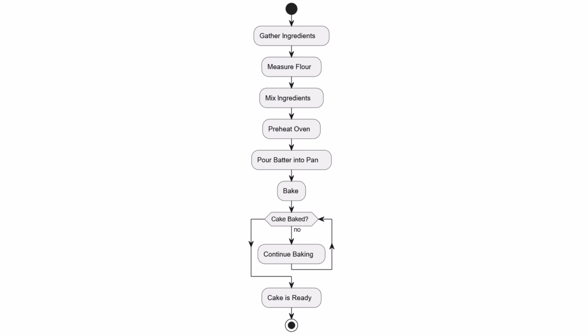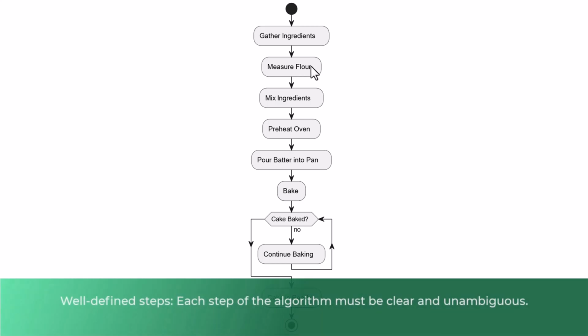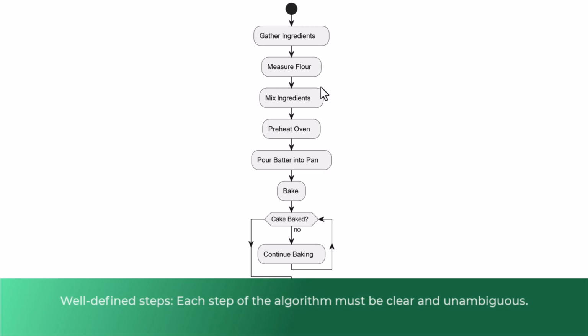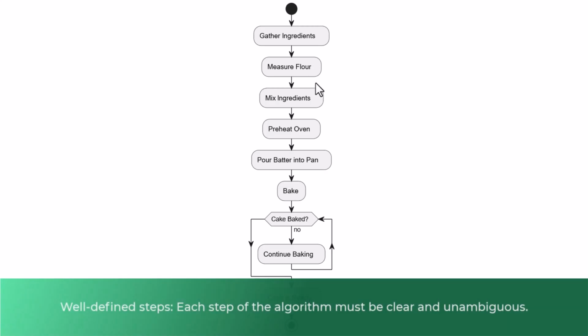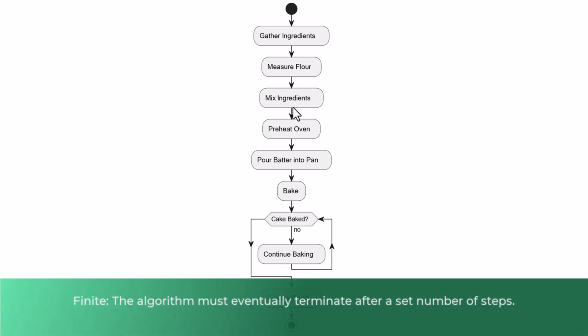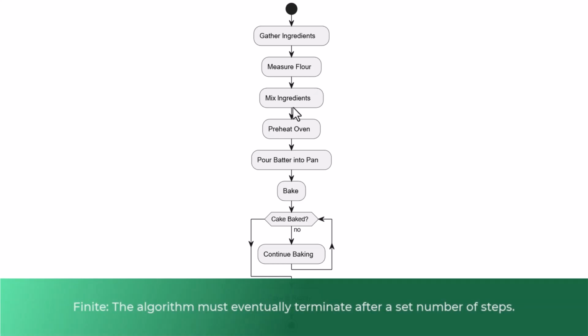First, the characteristics of an algorithm. It should have some input, right? An algorithm should have well-defined steps. Each step of the algorithm must be clear and unambiguous. Also it should have a finite number of steps. The algorithm must eventually terminate after a set number of steps.